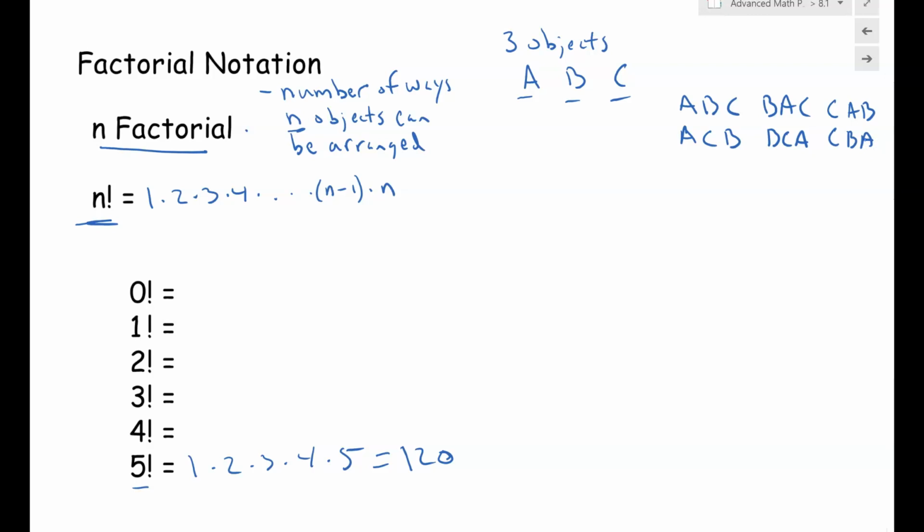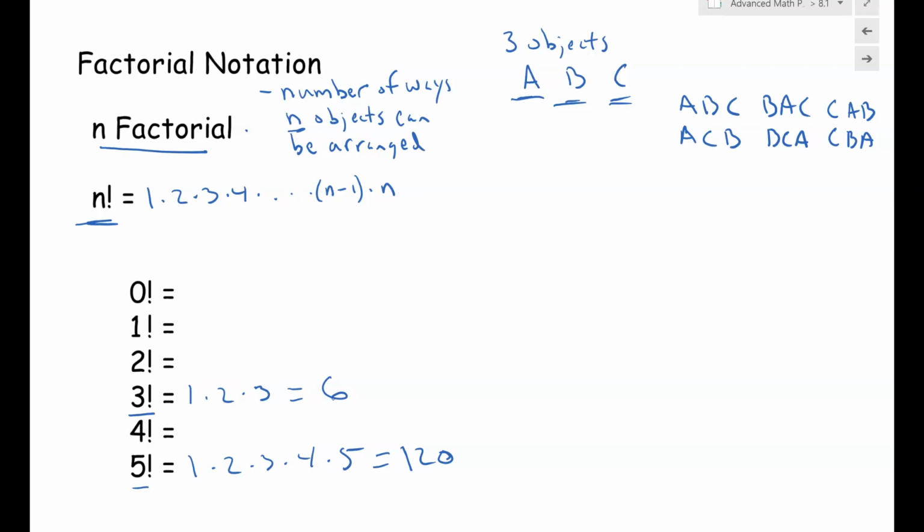So when I ask for 3 factorial, I'm asking how many different ways I can arrange 3 objects, and the answer is 6. If we use the math of 1 times 2 times 3, you get 6 as well. So that's what a factorial is doing.